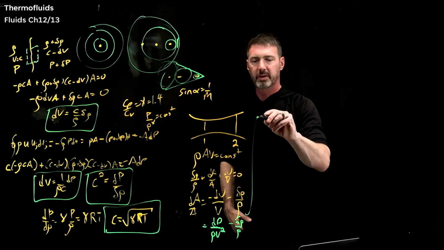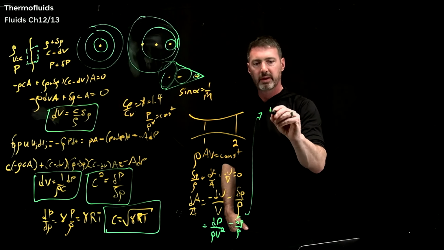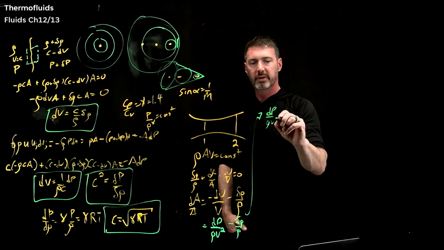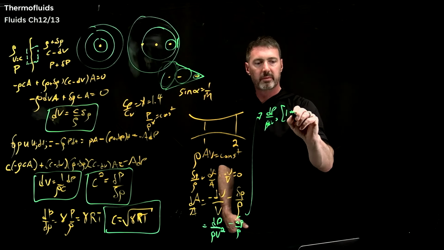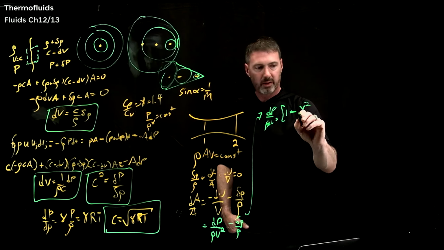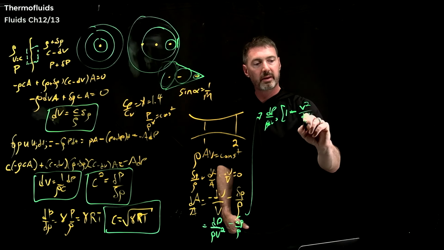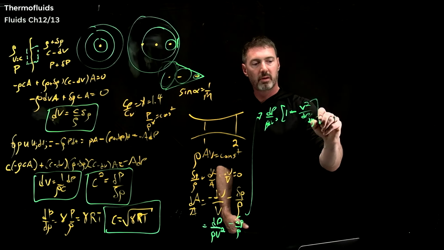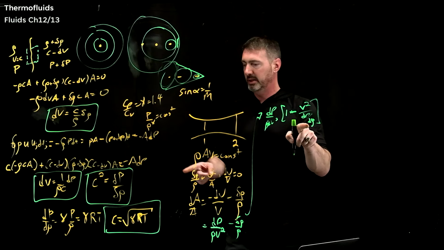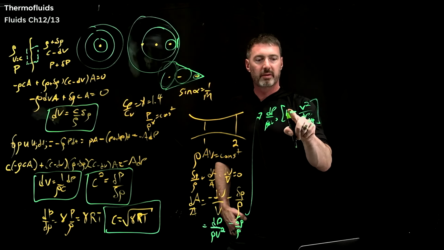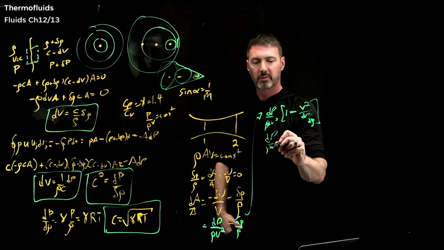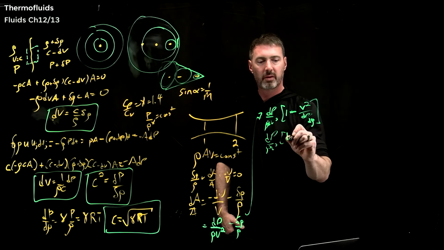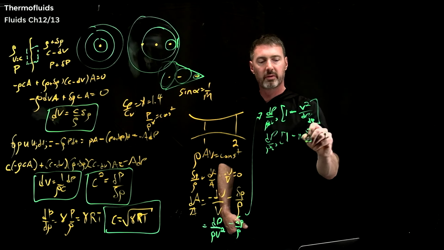So dP over rho v squared. You'll see where I'm going with this in a second. 1 minus v squared over dP d rho. Well, I know what that is. Back to here, that's speed of sound, and that's a minus sign. So that's just dP over rho v squared times 1 minus Mach number squared.